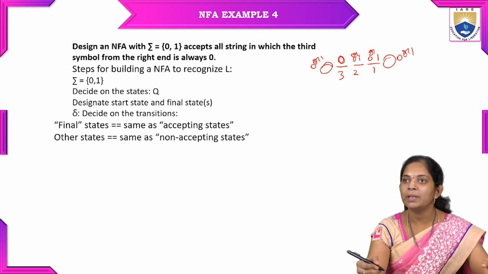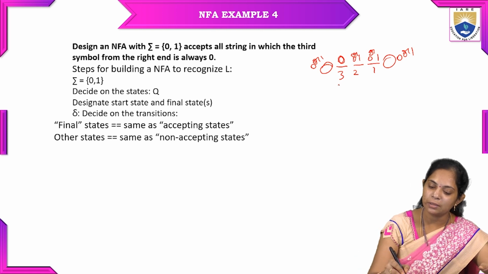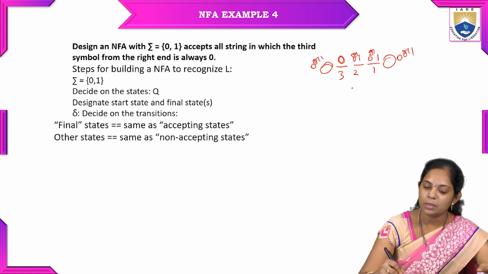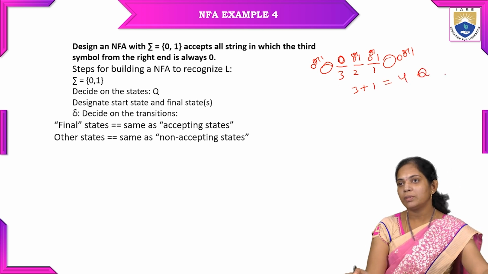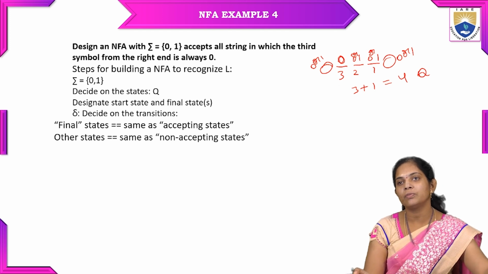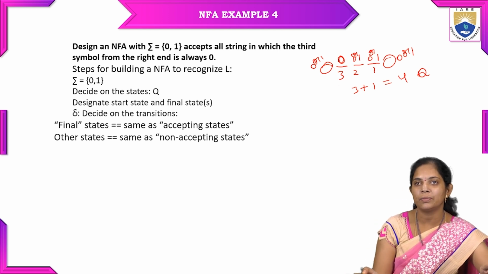What is the minimum length here? 3 plus 1. Minimum length plus 1 is equal to 4. How many states are required for the construction of this NFA? 4 states.